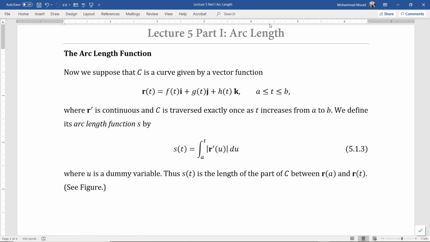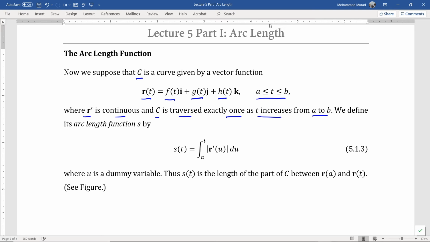The arc length function. Now we suppose that C is a curve given by the vector function r of t with component functions f of t, g of t, h of t over the closed interval a to b, where r prime is continuous and C is traversed exactly once as t increases from a to b.